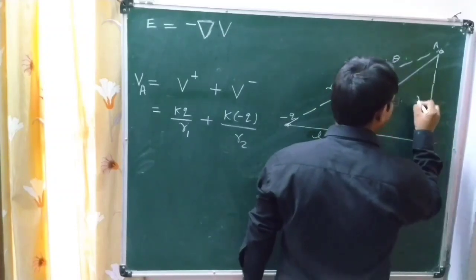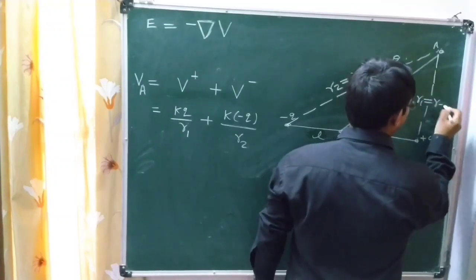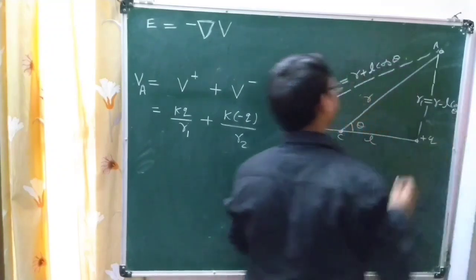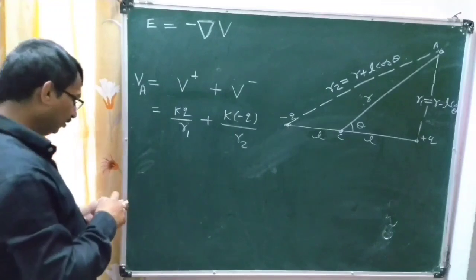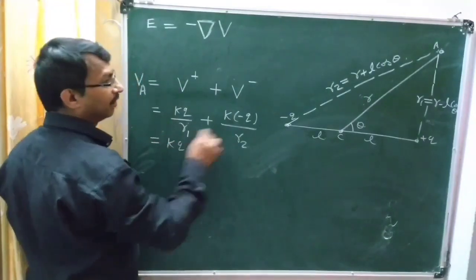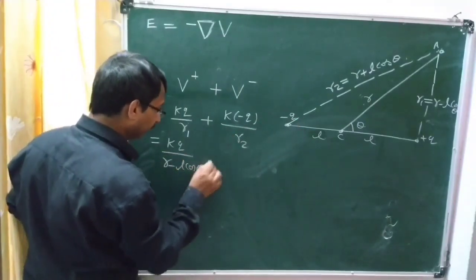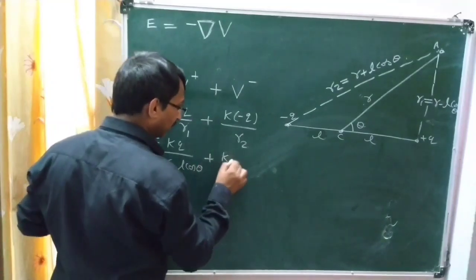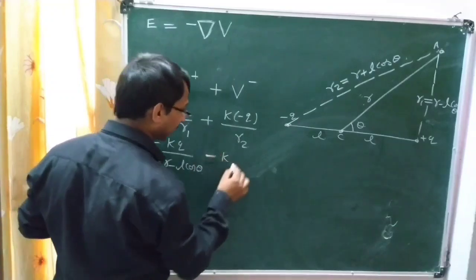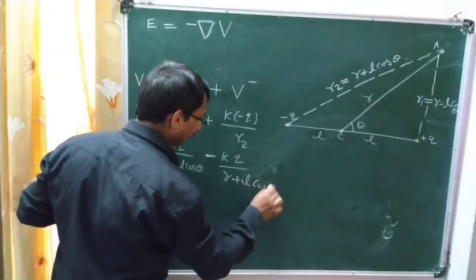So r1 can be written as r minus L cos theta. Now put the values in here. It is kq, put r1 as r minus L cos theta, plus k into minus q, this minus comes here, it becomes minus kq upon r plus L cos theta.